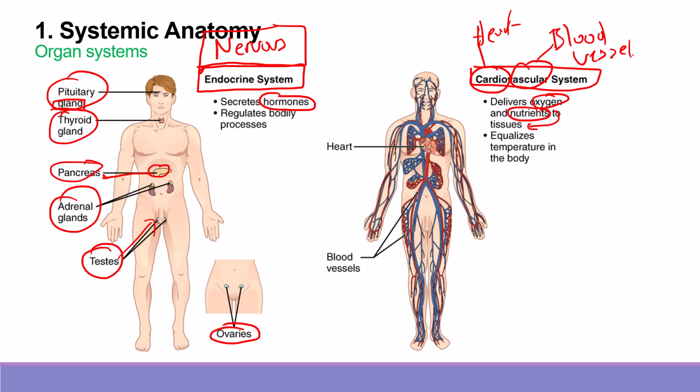All your tissues, as I mentioned before, are composed of cells, and those cells need oxygen and nutrients in order to be alive and to synthesize ATP for energy. The way the cells of your tissues receive oxygen and nutrients is through the blood, and the blood can be mobilized through your body through this cardiovascular system. The heart, as you probably know, is the main pump, the organ that is pumping blood all the time. And the way blood moves is through the blood vessels, arteries, and veins.